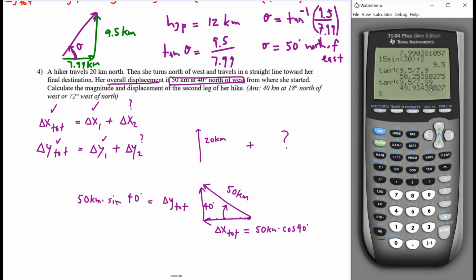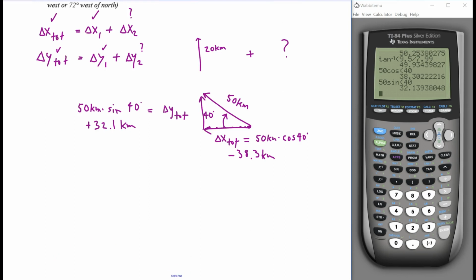Let's go ahead and plug those in. 50 cosine 40 and 50 sine 40. So when I do cosine, I get 38, but notice that is westward, so I'm going to make that negative. That's negative 38.3 kilometers. The delta y total is positive because northward, 32.1. Okay, those are our totals.